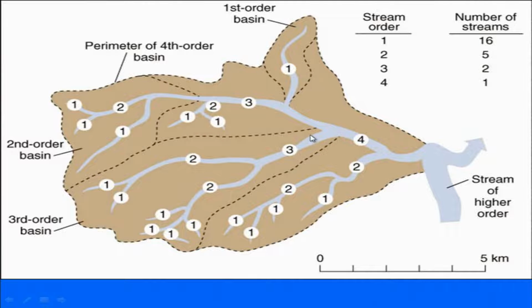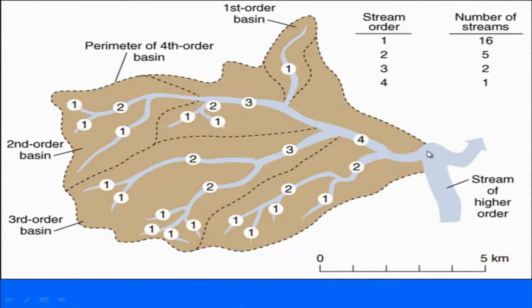If you count the streams, what has been marked here is the final trunk stream, because this is the outlet here, and if a fourth order and a higher order stream meet here, then this stream will become higher order.